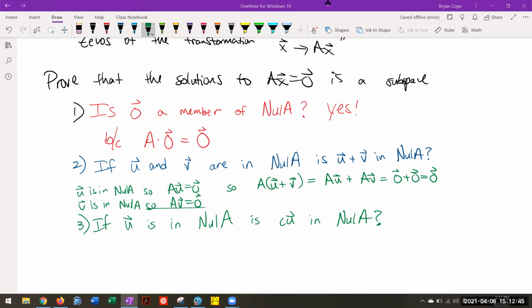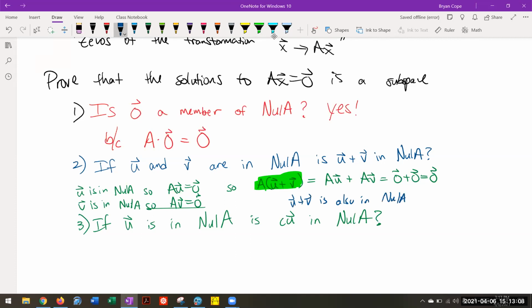Well, A times U plus V is, we learned this a long time ago as a theorem, AU plus AV. But we know that AU is 0, and we know that AV is 0. And 0 plus 0 is the 0 vector. So we've proved it. This means that U plus V is also in null A.